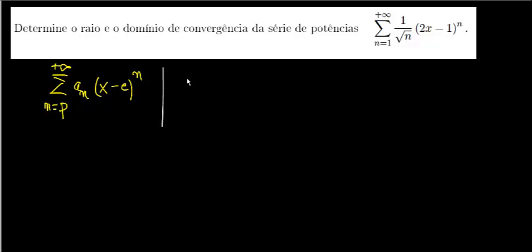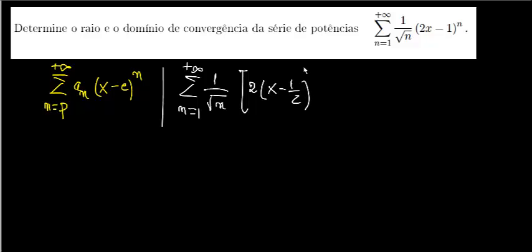If I have the sum where n begins at 1 to infinity of 1 over square root of n, I can put the number 2 in evidence. Let us do that: 2 times x minus 1 over 2, and all of this to n.